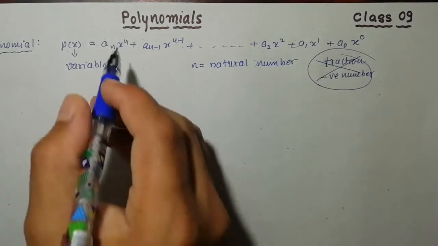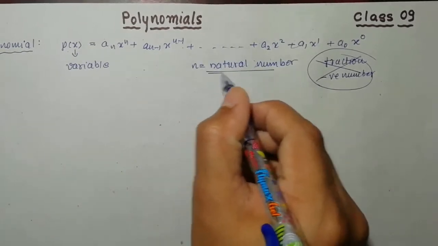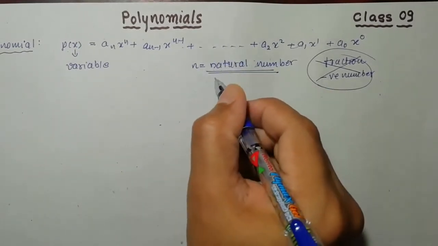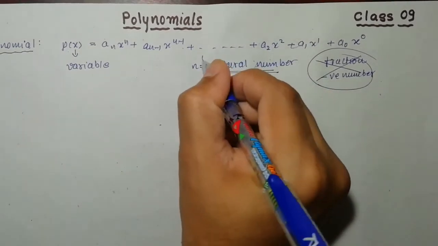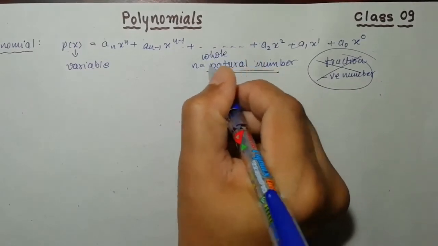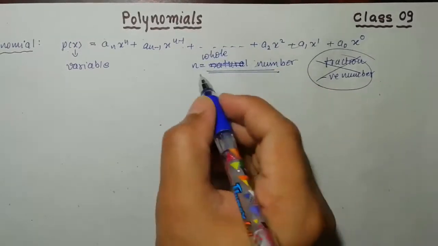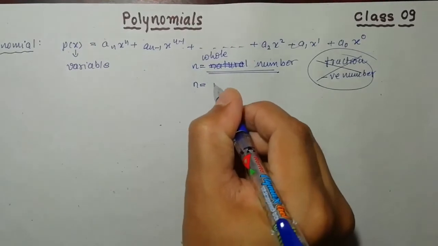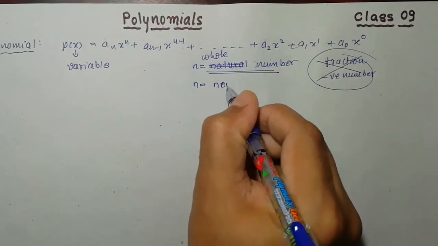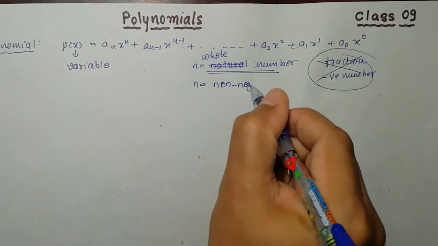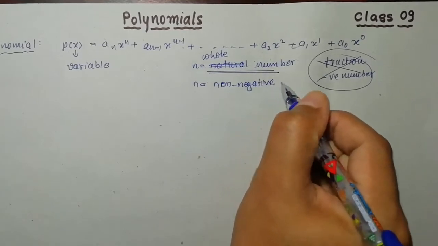The exponent of x should be a natural number including 0, so it is better to say whole number. Instead of natural number it is better to say whole number, or n is a non-negative integer. That is also right.